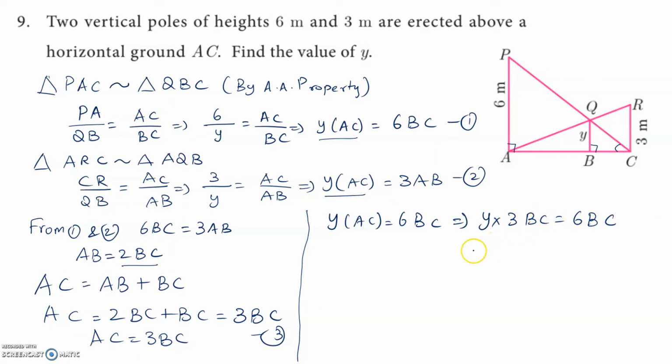Further simplifying, Y is equal to 6BC by 3BC. BC and BC will be cancelled. You get 6 by 3, which is 2 meters. Therefore, our Y is equal to 2 meters.